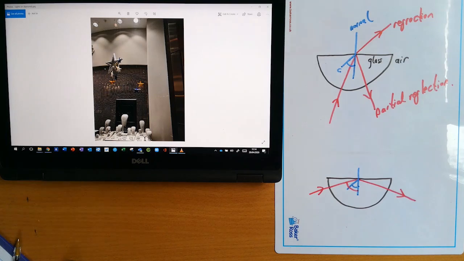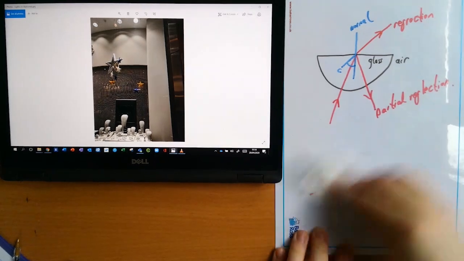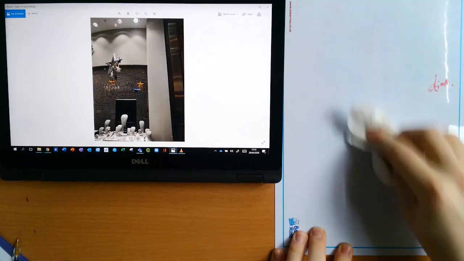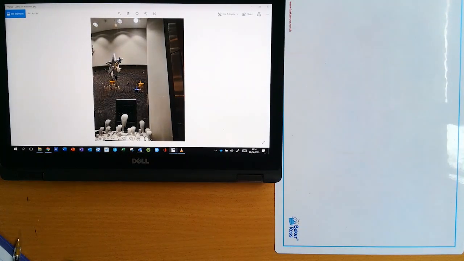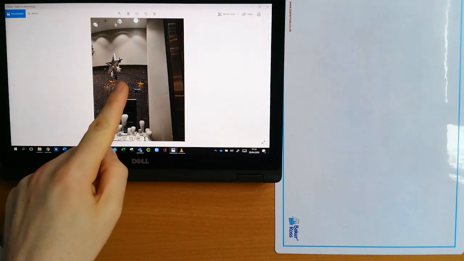But what we're going to do now is have a very quick look at another material before we get into the optical fibres, which is diamonds. So diamonds have an even greater refractive index than glass. And that's where this diagram comes in.